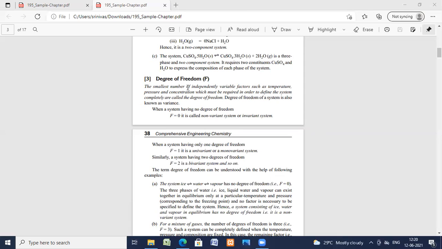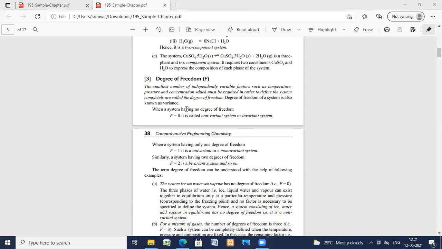The smallest number of independently variable factors such as temperature, pressure, concentration, which are required in order to define a system completely are called degrees of freedom. Nothing but variance.